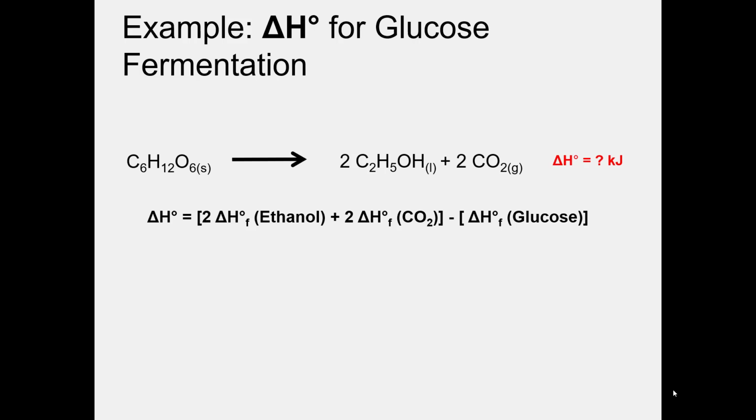So the balanced chemical reaction that we're given reads 1 mole of glucose, C6H12O6 in the solid phase, breaks down to give us 2 moles of ethanol, C2H5OH in the liquid phase, and 2 moles of CO2 in the gas phase. We want to find the overall enthalpy change for this reaction, and we're given no other information.